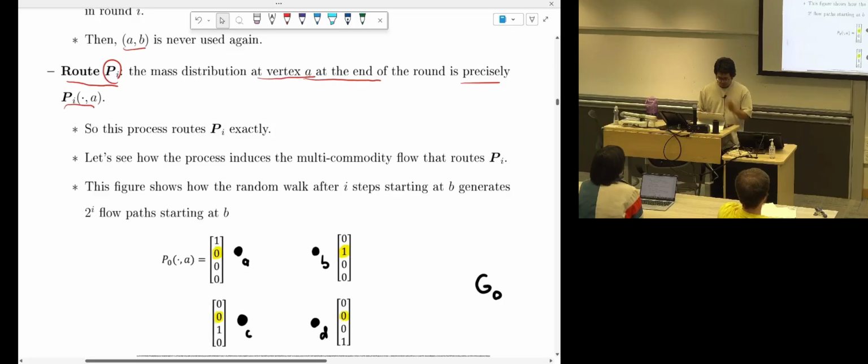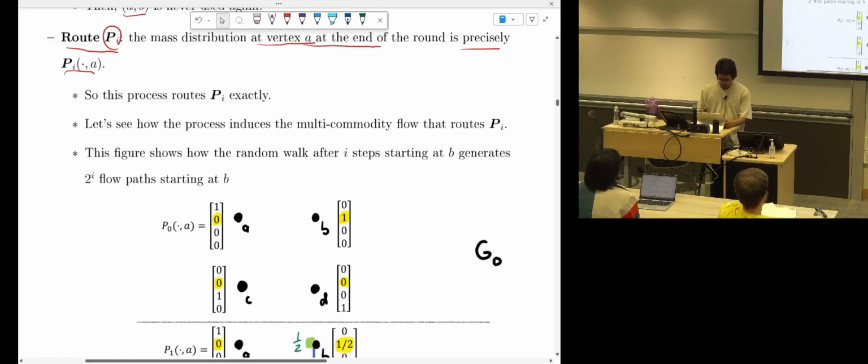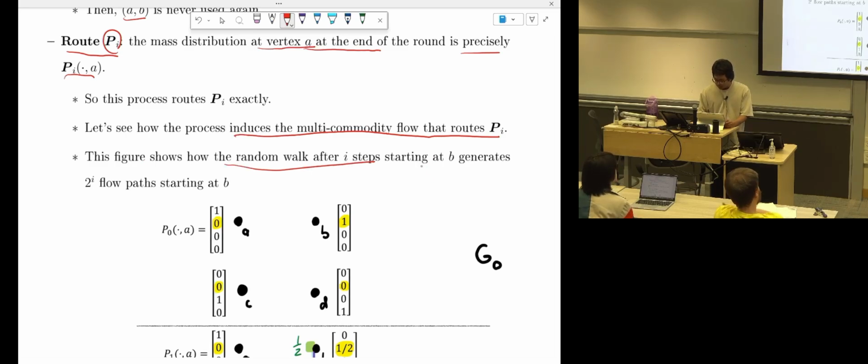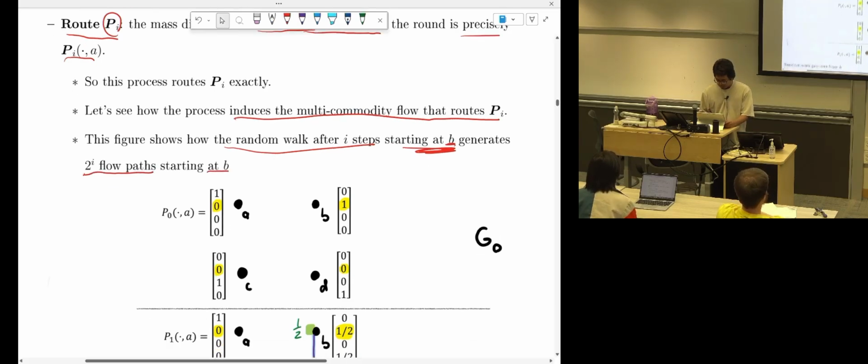If you really want to be more convinced, let's see how the process really induces a multi-commodity flow that routes Pi. So let's look at this figure below. I will just show how this random walk works after i steps. Let's say we focus only on the flow that's starting at B. After i steps, it will generate 2 to the i flow paths starting at B. Okay.